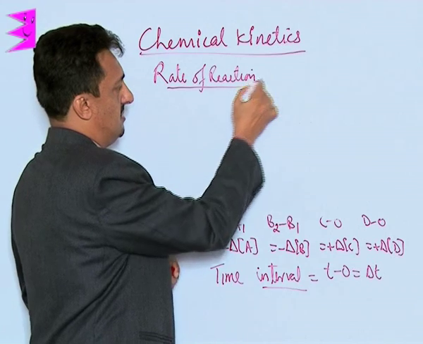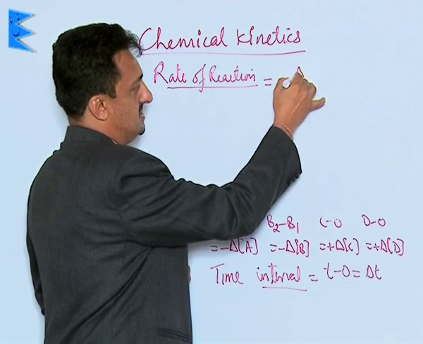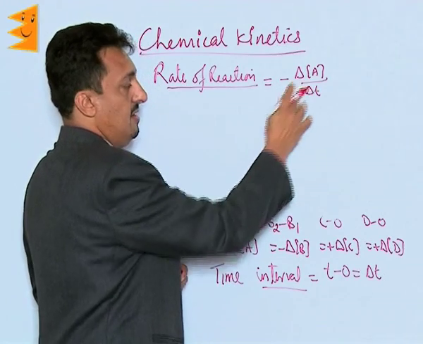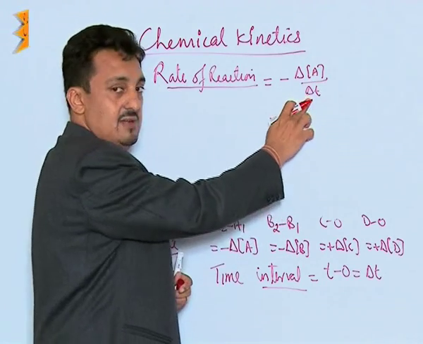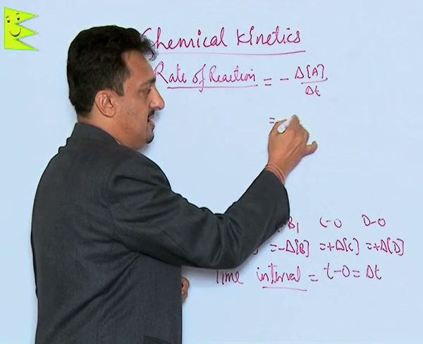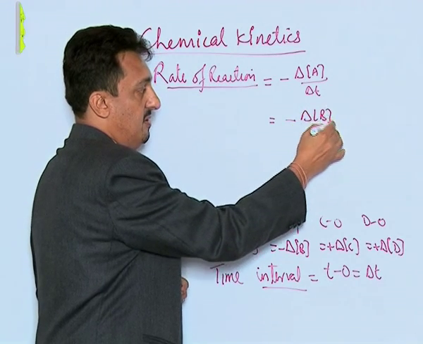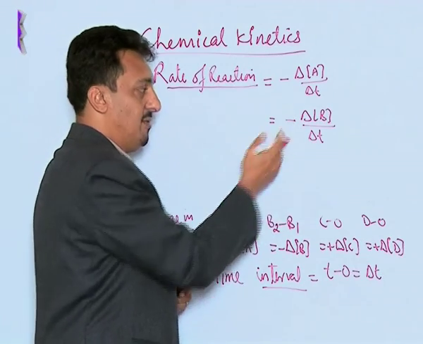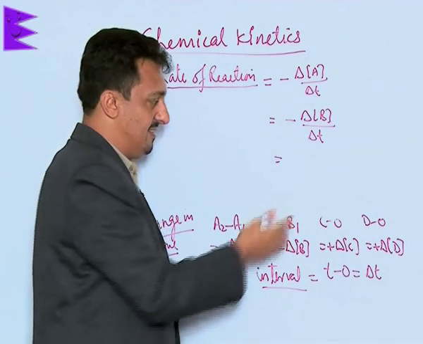So what we can now write is the rate of reaction equals minus delta [A] by delta t. This is the change in the concentration for the time interval delta t, or it can be minus delta [B] by delta t. Both are negative because we know the concentration of reactant is decreasing.